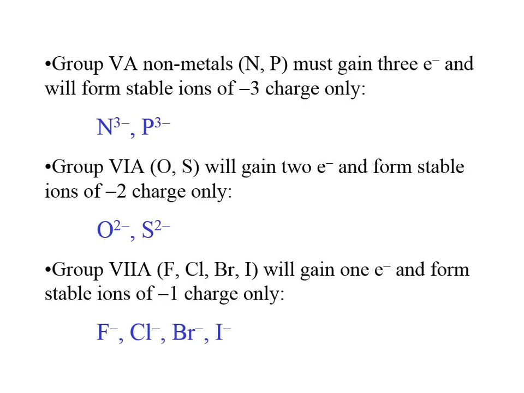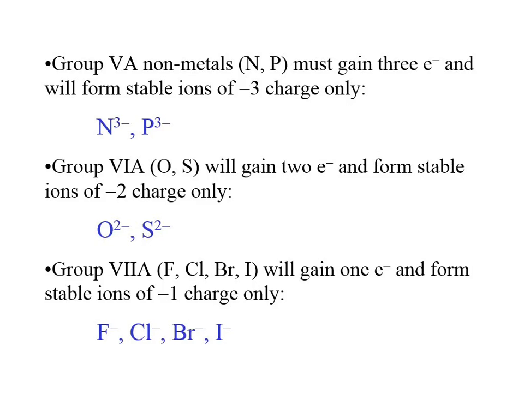Hydrogen can either kick off its 1 electron or pick up another electron. If it picks up a second electron, guess what? It's like helium. It's called the hydride anion. But assuming hydrogen isn't listed twice, beginning with your halogens, 7A has 7 valence electrons, picks up 1 other electron, and gets a complete octet.